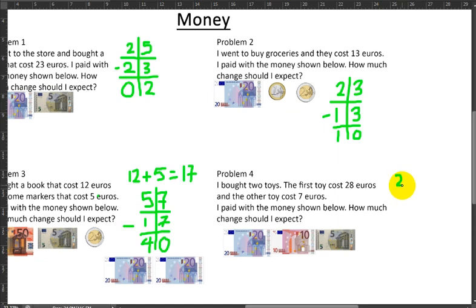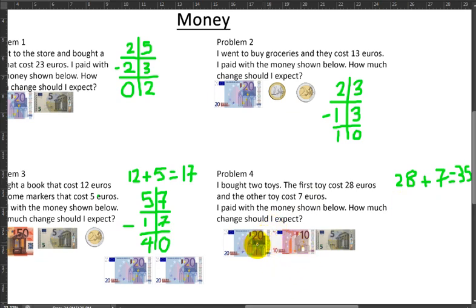So I need to do 28 and 7. So 28 in my mind and 7 on my fingers, and I count 29, 30, 31, 32, 33, 34, 35. So the two toys together cost 35 euros.